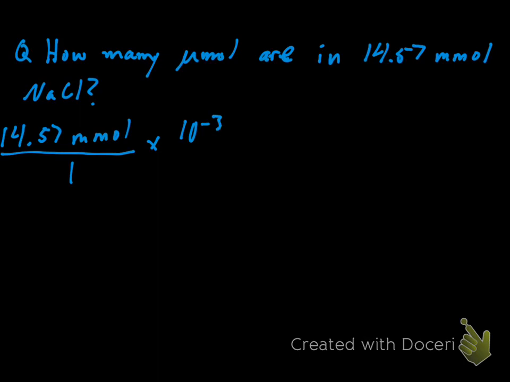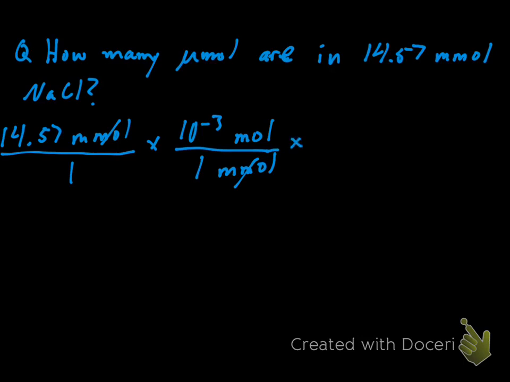So 10 to the minus 3rd moles in 1 millimole. So sorry, I misspoke there. We have 10 to the minus 3rd moles in 1 millimole. So now we can cancel our millimoles, right? Because we have 1 in the numerator, 1 in the denominator, so those cancel.